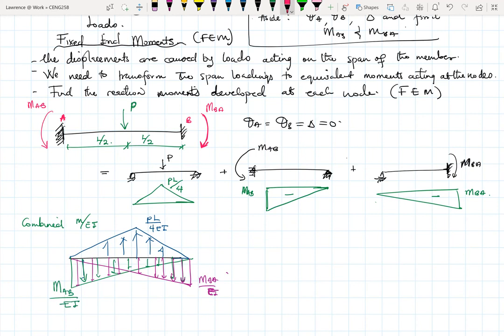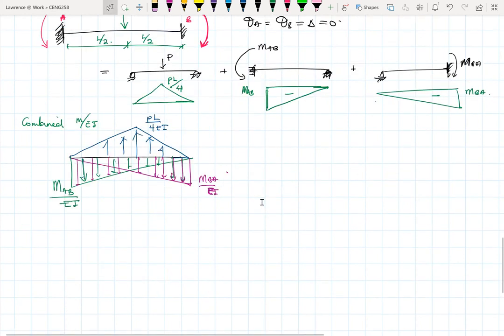MAB and MBA. Okay, so let's look at a typical scenario. Here, our interest will just be in trying to find, summing forces in the y direction equal to 0. So then we have PL over 4EI.